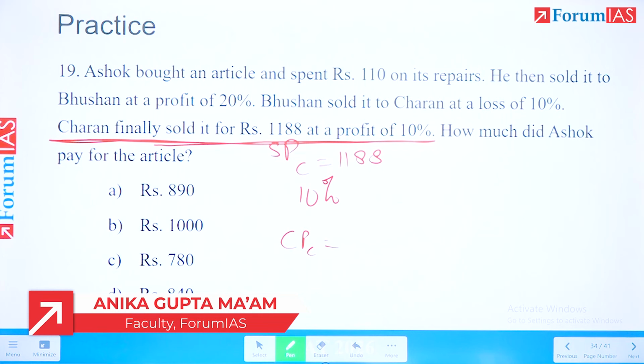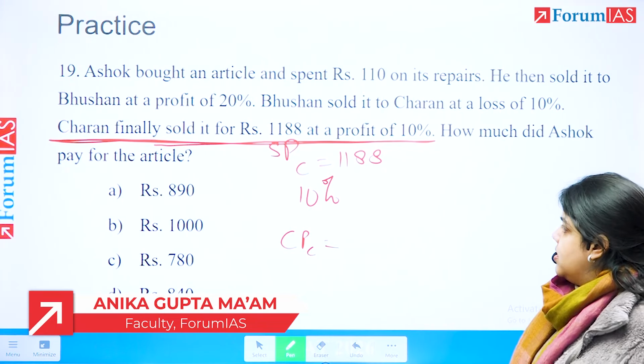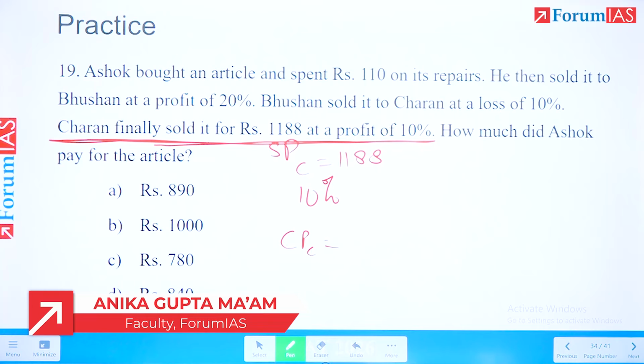So if selling price of Charan is 1188, sold at a profit of 10%, what is the cost price for Charan? Just one question. It's divisible by 11. It's been given in a way that it's divisible by 11.